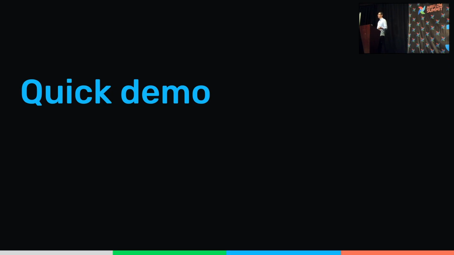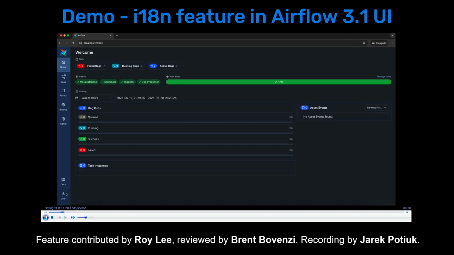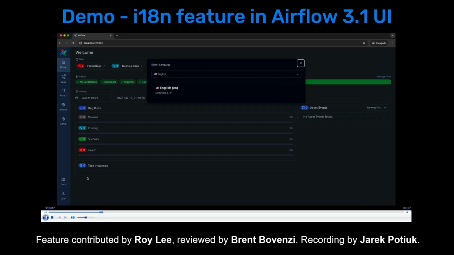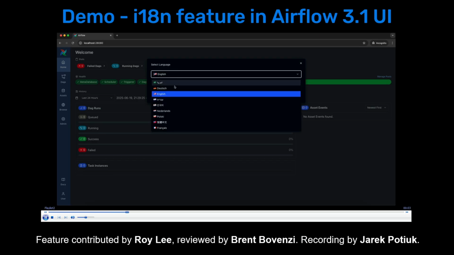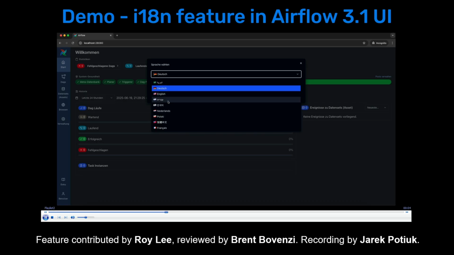You saw a very similar demo earlier today in the keynote. For the end user, basically the feature is very simple and straightforward. In Airflow 3.1 and above, you just go to the user menu, click select language, and select your language. Airflow will use this language for its interface until you change it to something else.